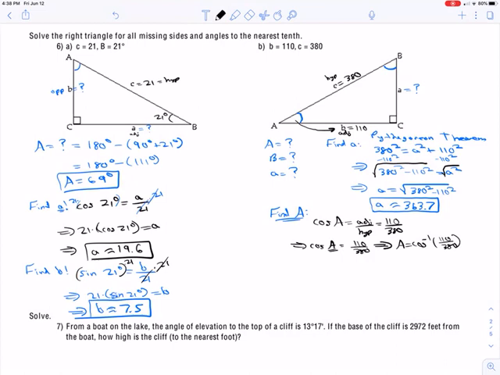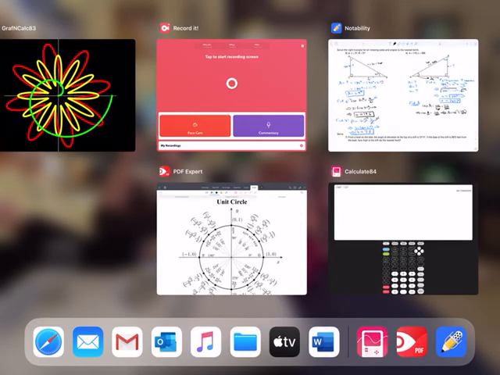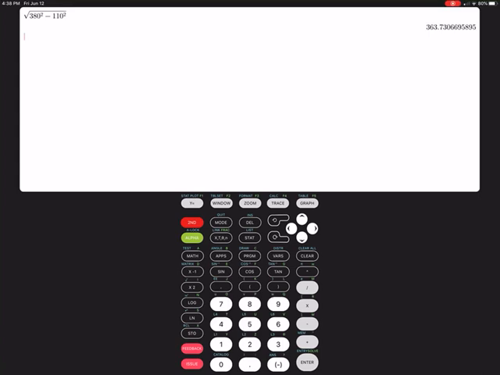To find the angle measurement, we're going to use the inverse properties. We can type that in and get angle A's measure. So cosine of A, again, 110 over 380. Let's type that in. Second cosine of 110 divided by 380, using the adjacent side.